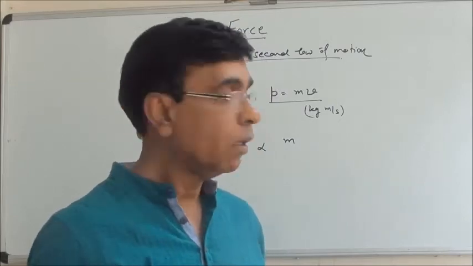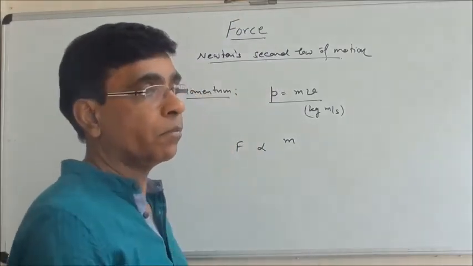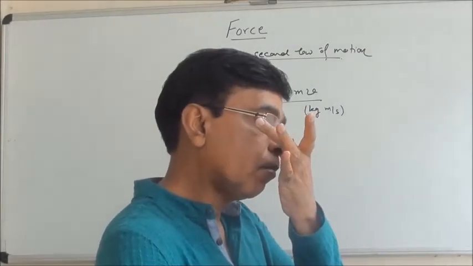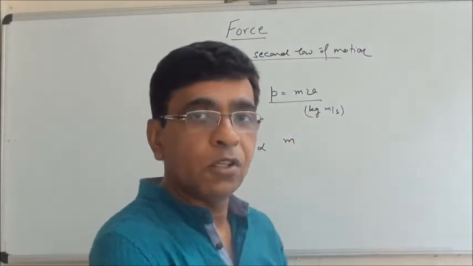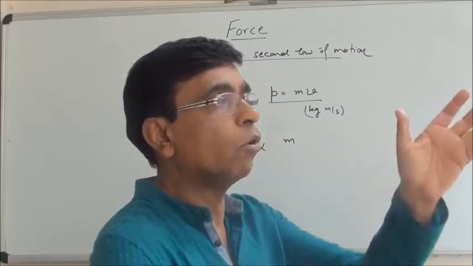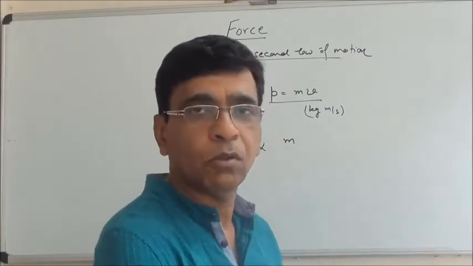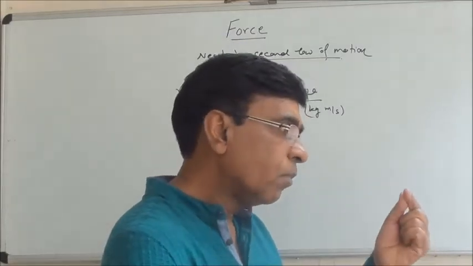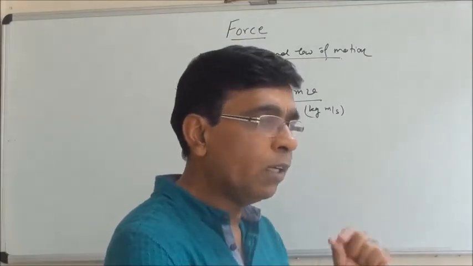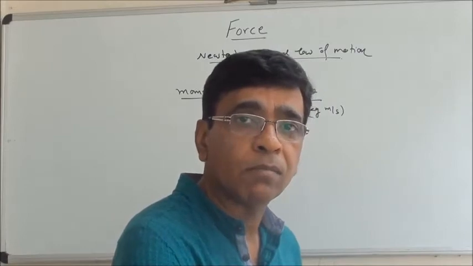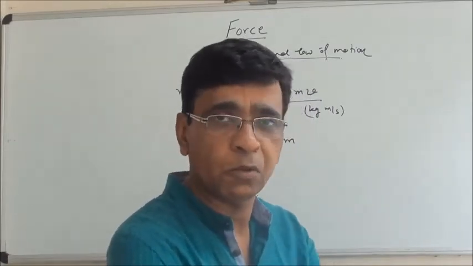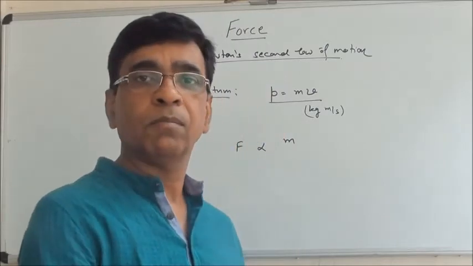Now think the other way. This time let's take the same mass. A stone or a ball is thrown towards us with a certain velocity. And now imagine a bullet, whose mass is not too large, it may be equal to a small stone or a ball.